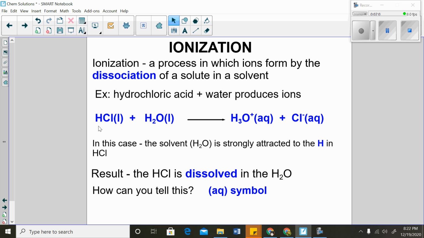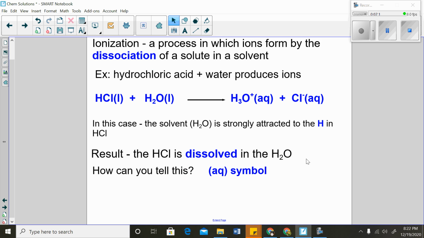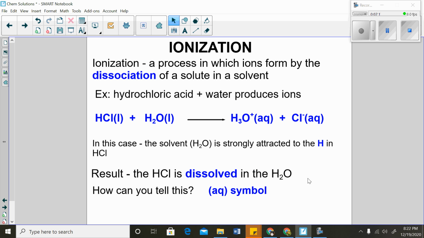So the result is the HCl is dissolved in the H2O, and you can tell this by that aq symbol. Okay, so this is the formation of ions, and the example used here is the strong electrolyte hydrochloric acid. That water is attracted to the H, pulls it off the HCl, and you've now created ions, and these are dissolved in water.